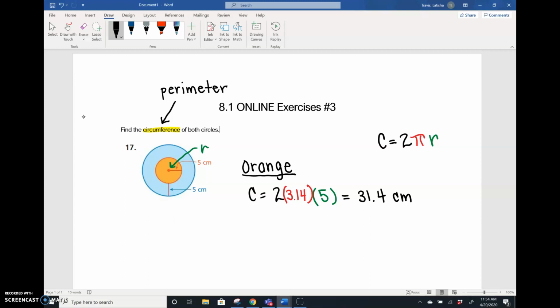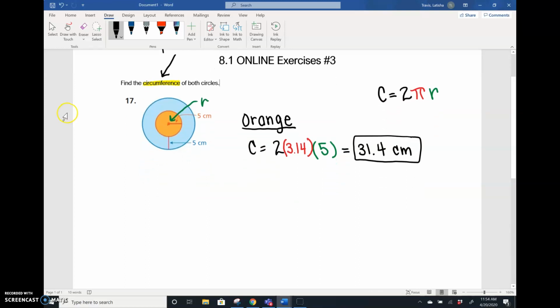So this is the circumference of the orange circle, the little circle inside of the blue circle. So the next thing to do is to find the circumference of the larger circle, the blue circle. In finding the circumference of the blue circle, we need to figure out what the radius of that circle is or the diameter of that circle.